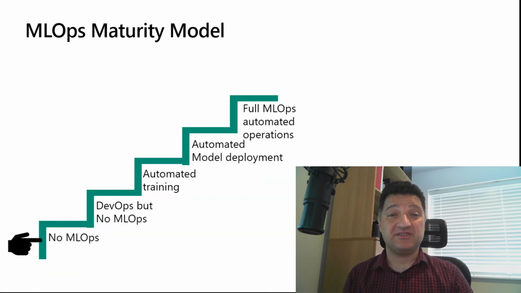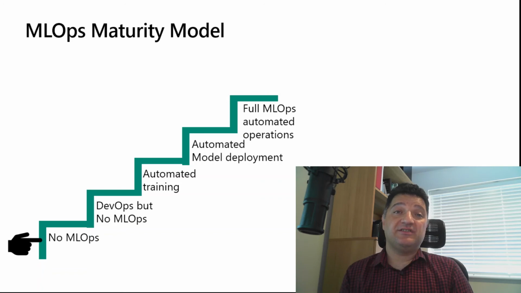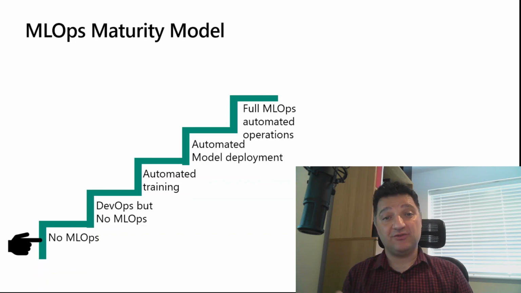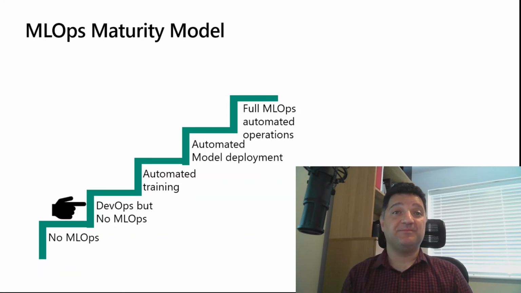Most systems exist as black holes. There is little or no information feedback coming from the models during and post deployment. Everything is manual: builds, deployments, testing of the model and the application, and there isn't a centralized tracking of model performance. And you also have to train your machine learning model manually in a totally ad hoc way.